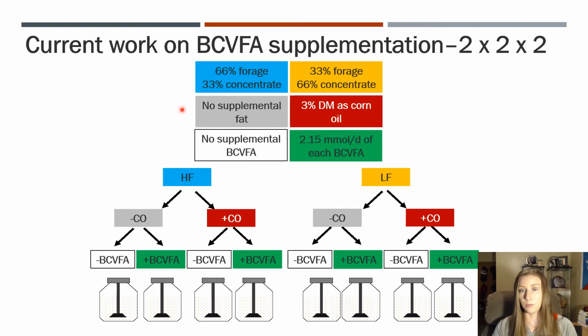We expected PUFA to decrease branched-chain VFA usage due to the bacteriostatic effect of PUFA on cellulolytic bacteria. And our final factor was either no supplemental branched-chain VFA or an additional 2.15 millimoles per day of each branched-chain VFA. This dose was determined to double the concentration of branched-chain VFA in the vessel, and we expected that to increase branched-chain VFA usage since there was more branched-chain VFA available for the bacteria that utilized it.